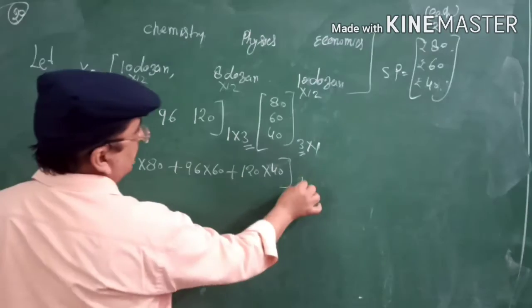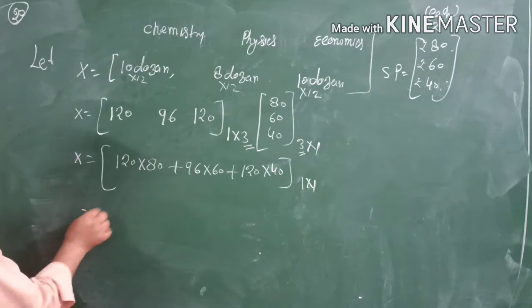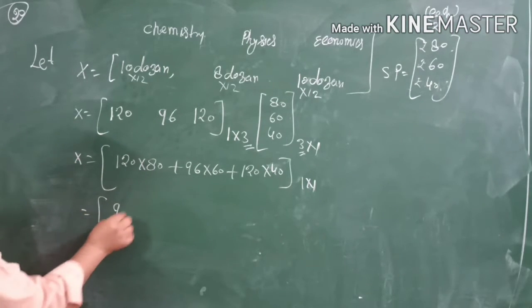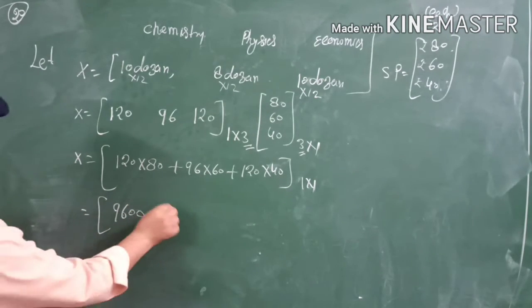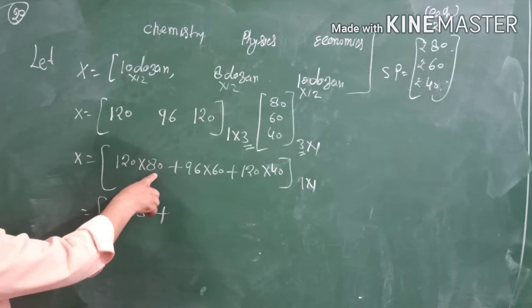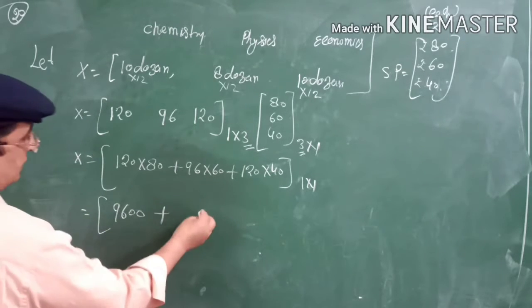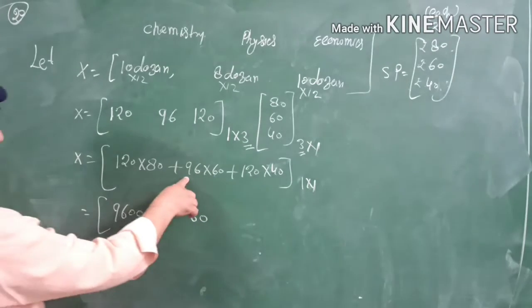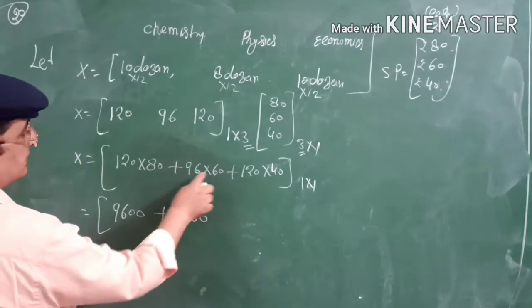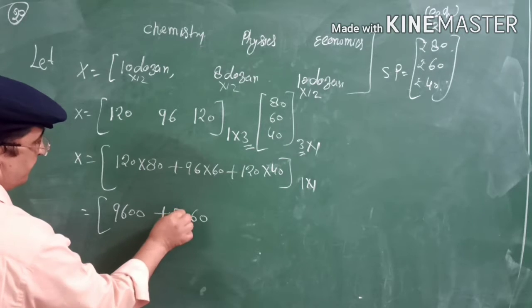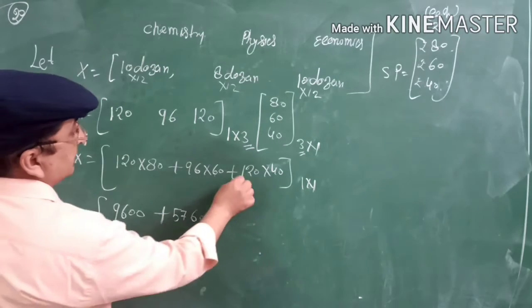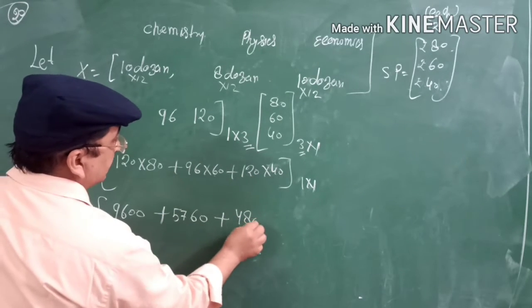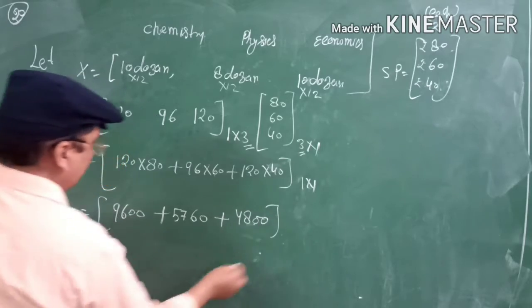It means only a 1 cross 1 matrix will come. 120 times 80 is 9600, 96 times 60 is 5760, and 120 times 40 is 4800.